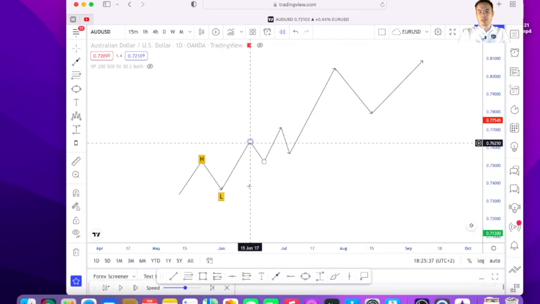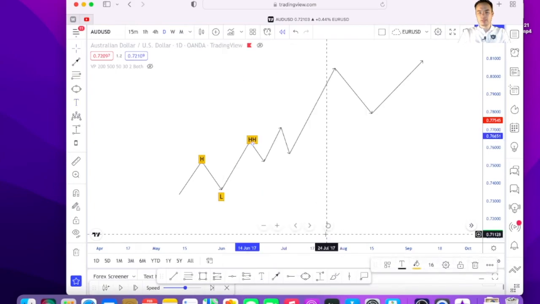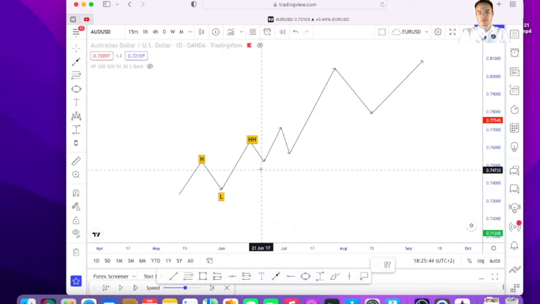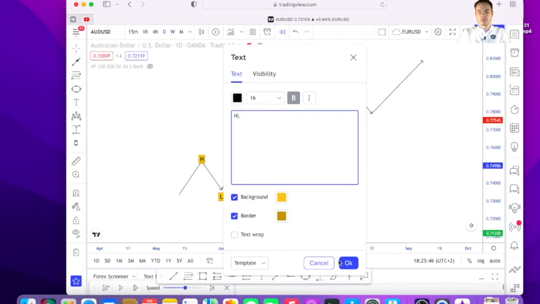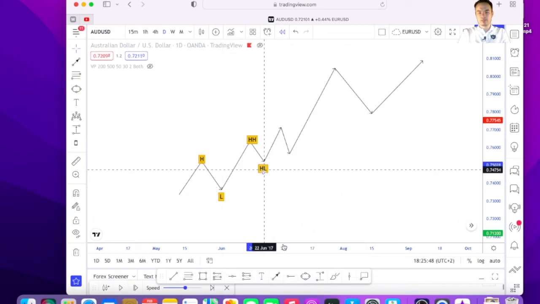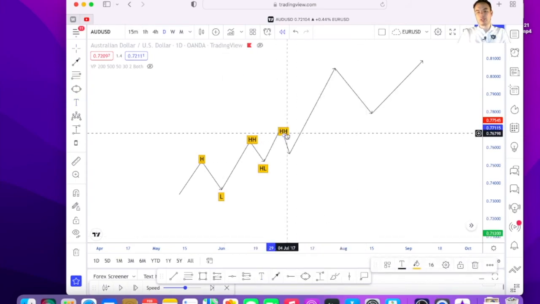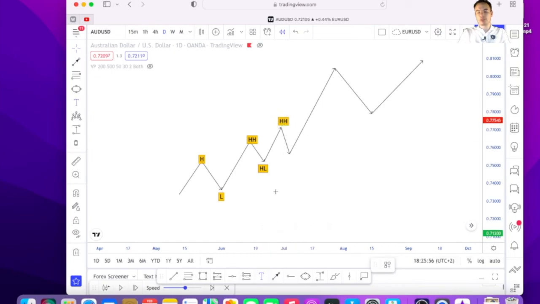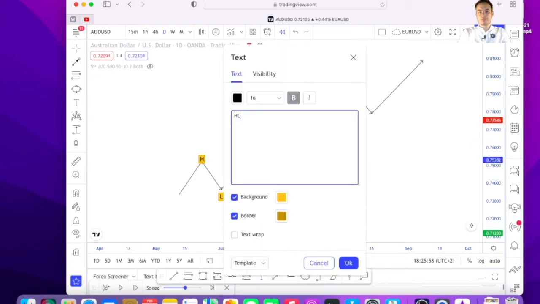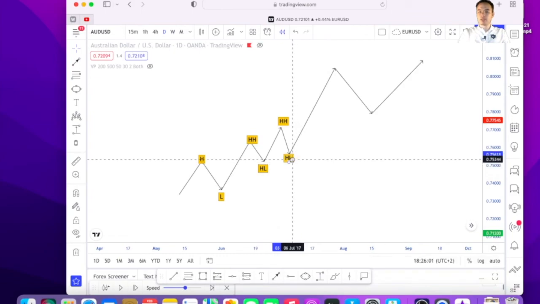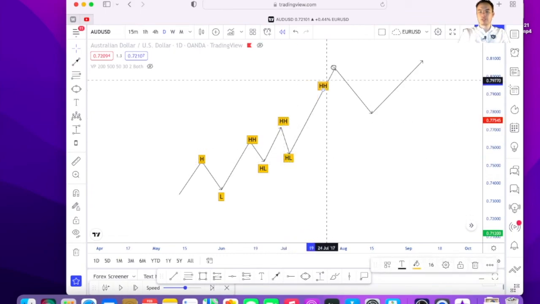So now we have a higher high, higher high, higher low, higher high. Obviously this is a simple market structure. You can see it's perfect market structure, higher low.